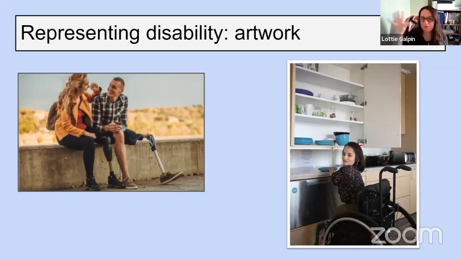But these would also work well just as decorative images within a textbook, or within a reading text, or for a listening activity. So I think artwork's a really simple, easy way of bringing that representation in, and we can do it in this quite overt way.